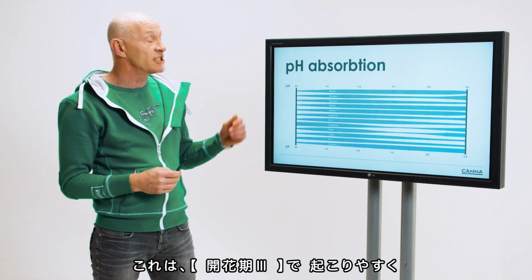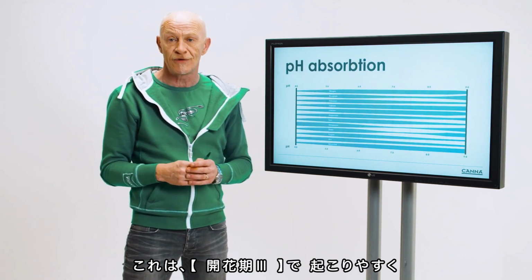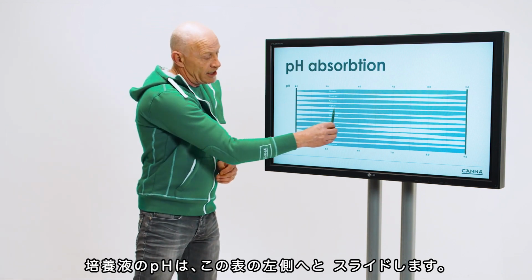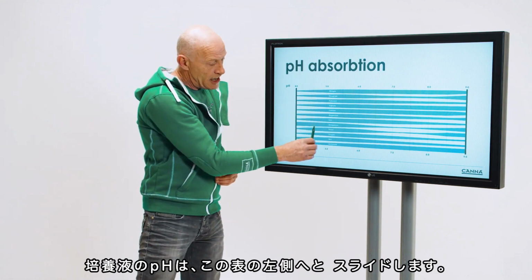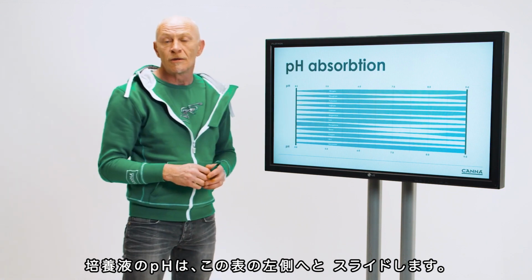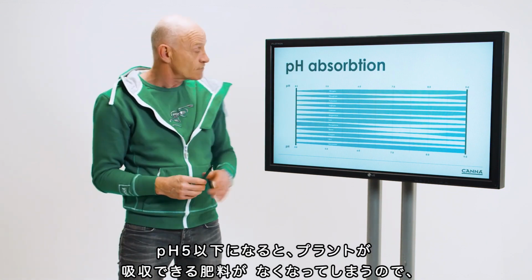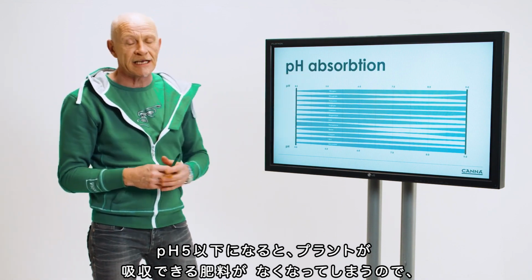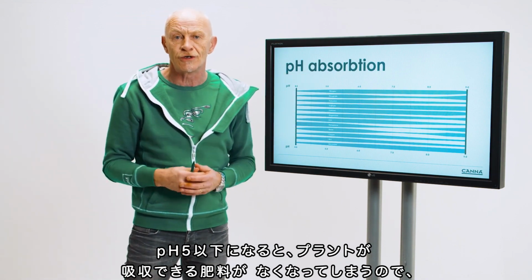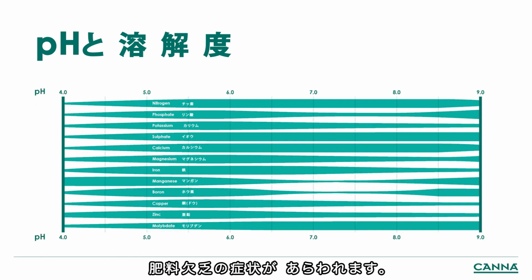It often happens in the generative phase number 3. In that way, we get on the left side of the right pH range. At a pH lower than 5, none of the feeding elements are available for the roots of the plants. So actually the plant starts to suffer from it.